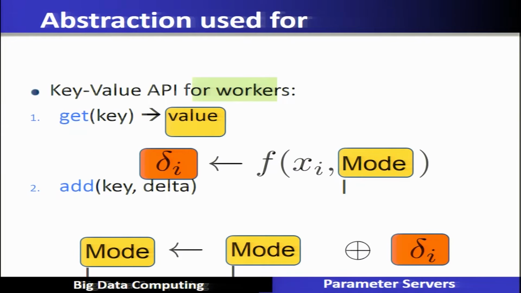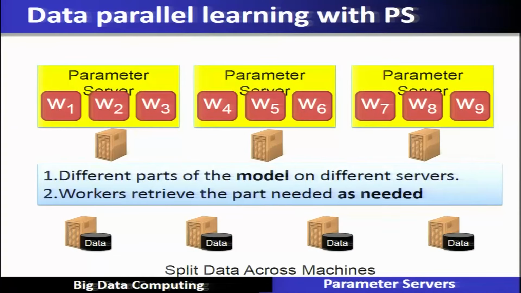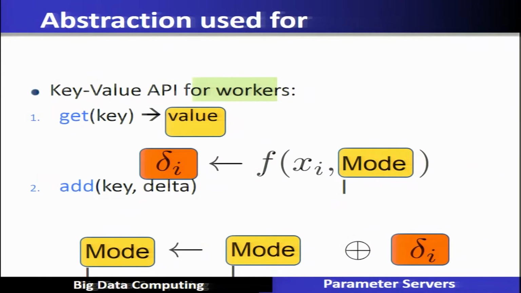Therefore, abstractions are provided which are internally implemented as data parallel operations in the parameter server, such as the key-value APIs for the workers. That is, they can get the key, and that means they may get the model values by the get key operation.